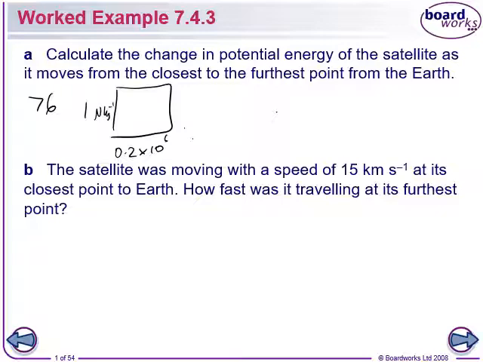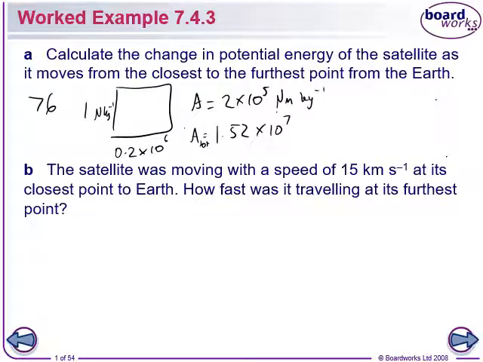Okay, so each square, the area, is 2 times 10 to the 5 Newton meters per kilogram. And so our square has energy per kilogram, which is why we need to take our mass into account. So 76 times that gives us 1.52 times 10 to the 7, our total area under the graph.